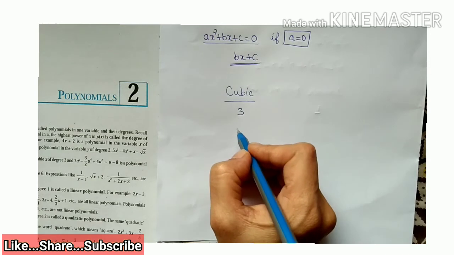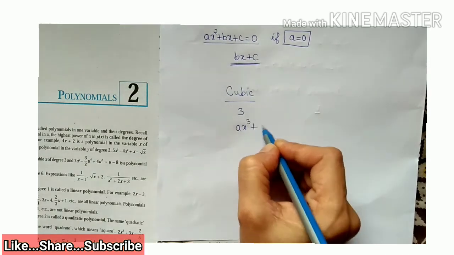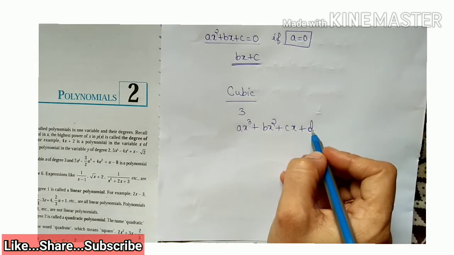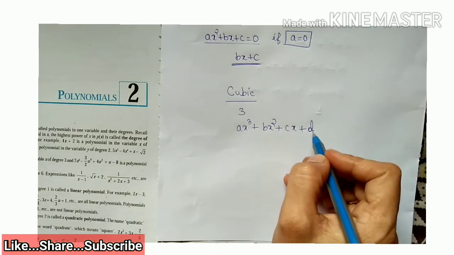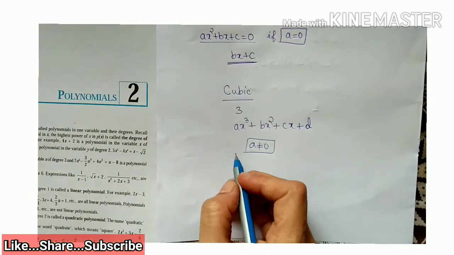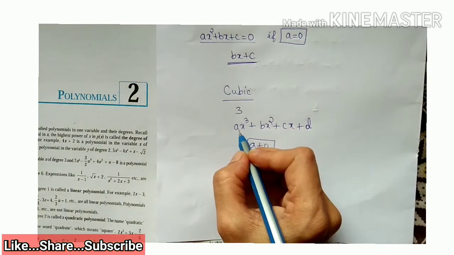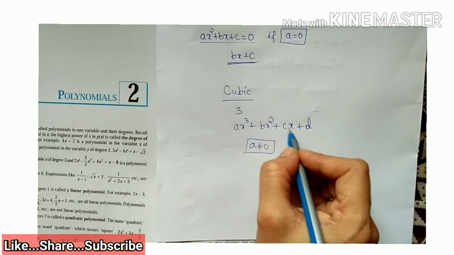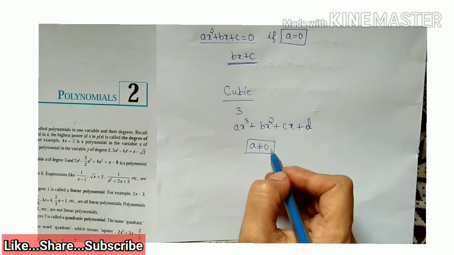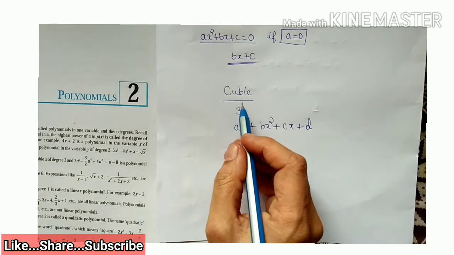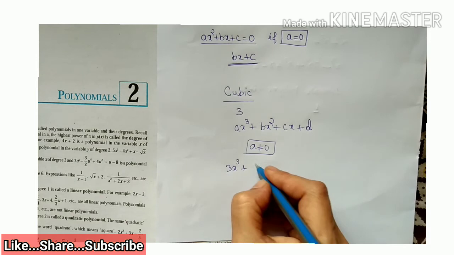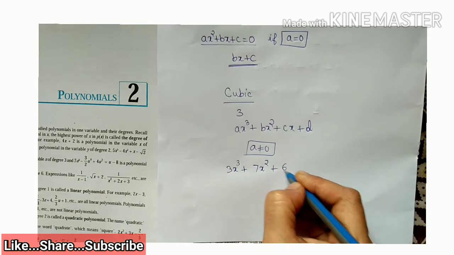Standard form of cubic polynomial is ax to the power 3 plus bx square plus cx plus d, where a, b, c, d are real numbers, coefficients are real numbers, and a not equal to 0. For example, for cubic polynomial, 3x to the power 3 plus 7x square plus 6x plus 8.